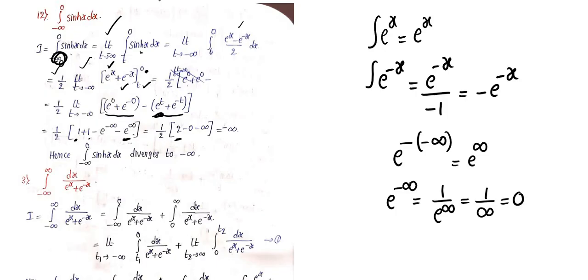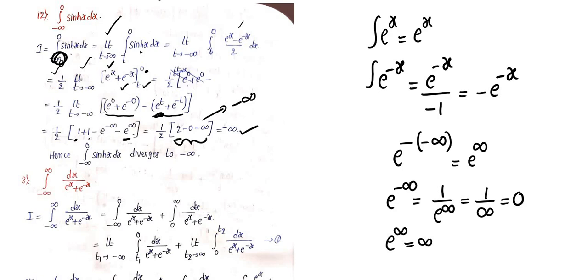Minus e power infinity is infinity only. The simplification of this term is 2 minus infinity, that is minus infinity. Minus infinity by 2 is minus infinity only.